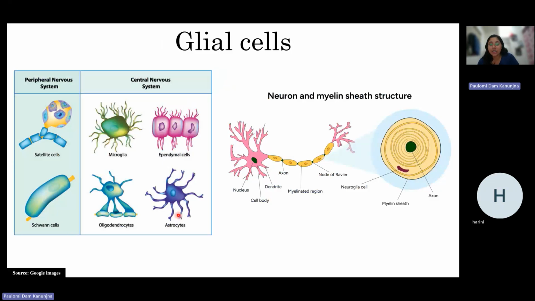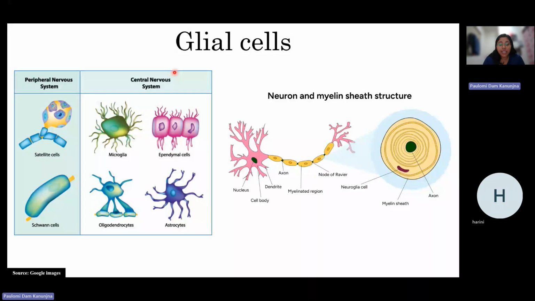Now, what are glial cells and why are we discussing them here? If you remember all the cells that we discussed in the previous classes, glial cells are basically cells other than the neuronal cells in your nervous system. So you have all of these different kinds of cells. If you look in your PNS, you have satellite cells and Schwann cells.